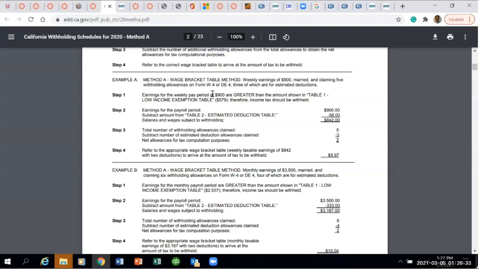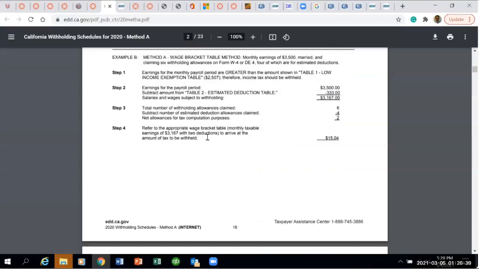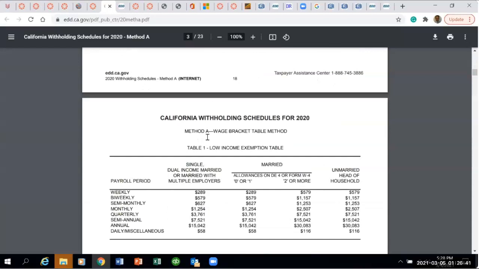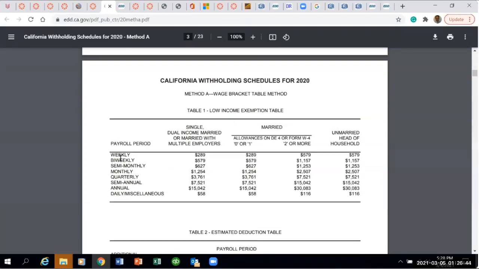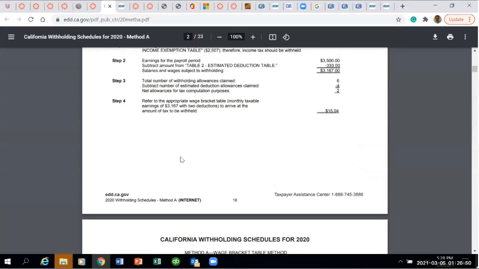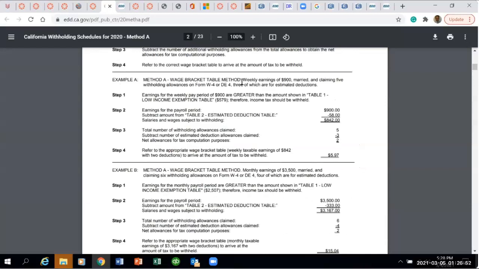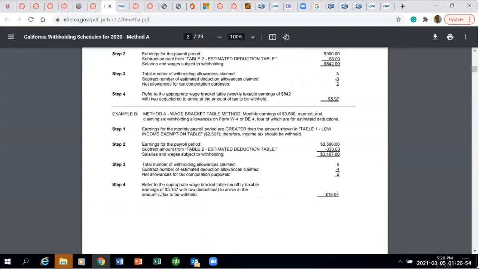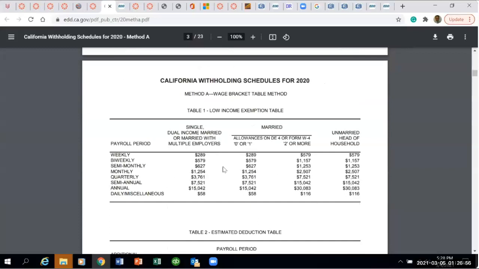Okay, so $900. Go to table 1 to see if you need to do anything at all. Was that weekly or monthly? Oh, weekly. So weekly 900, married, weekly.